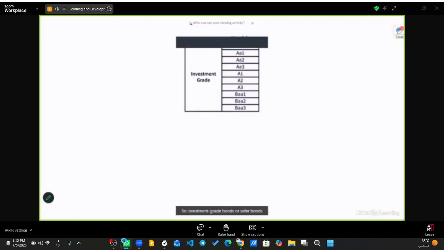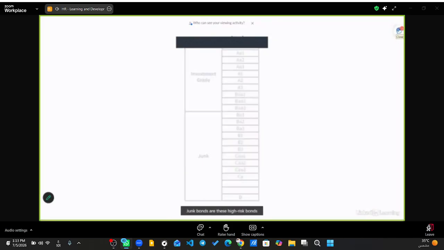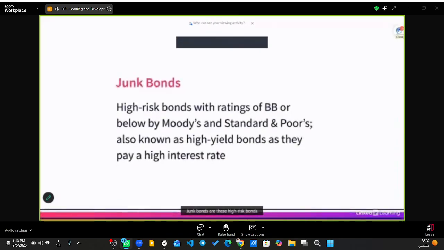So investment-grade bonds, or safer bonds, are bonds with a rating above BBB. Then there are riskier bonds called junk bonds, which have a higher return but a rating below BBB. Junk bonds are these high-risk bonds, and they have lower ratings below BBB, so BB or below, by Moody's and Standard & Poor's.